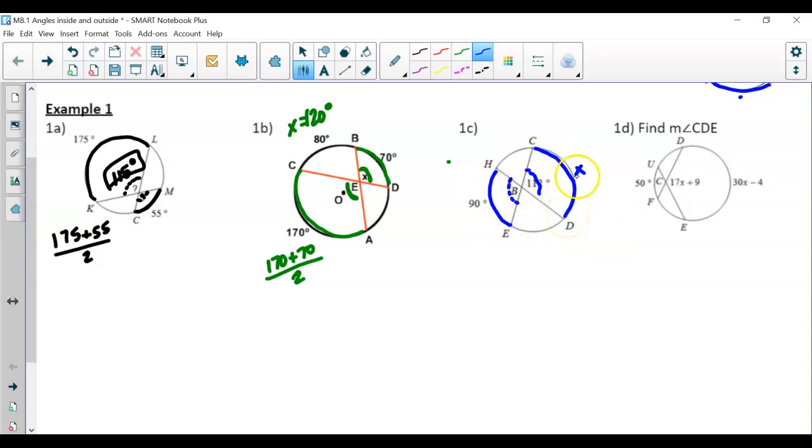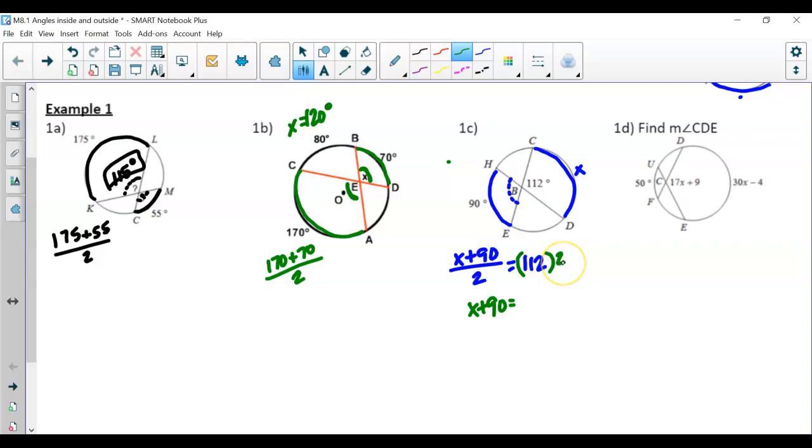So we know for a fact that if we add these two arcs together, X plus 90, and divide those two arcs by 2, then that should equal the angle, which is 112.